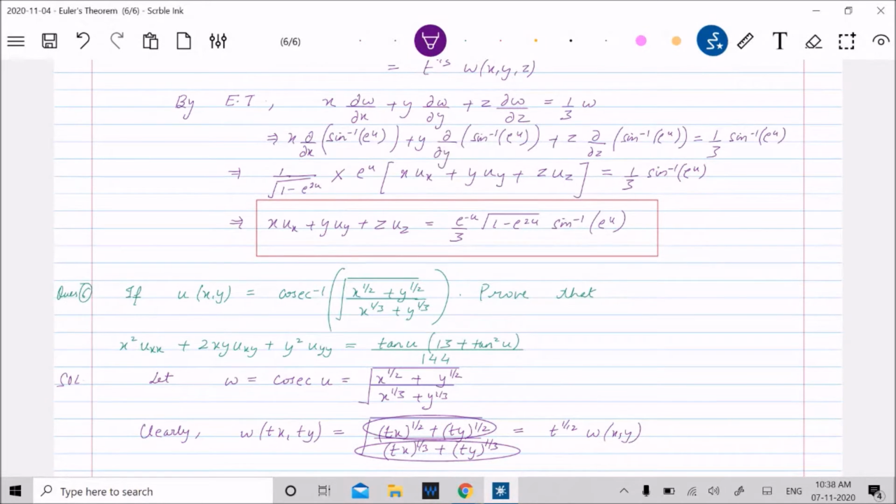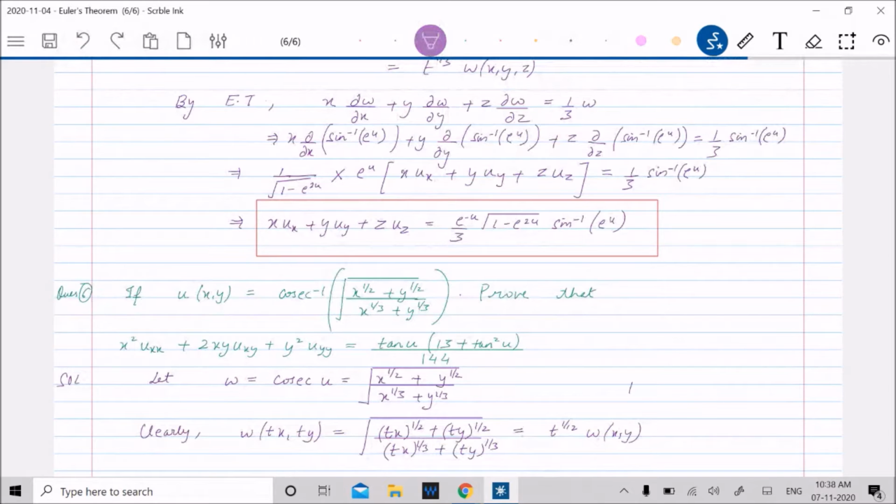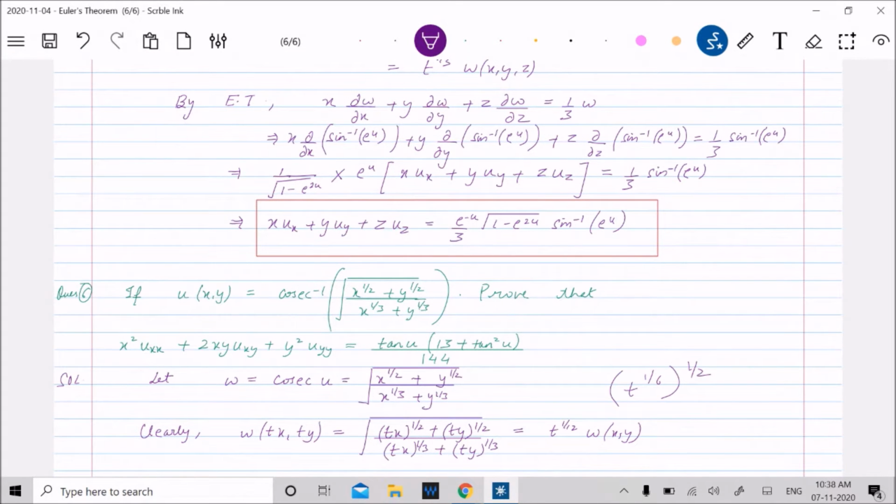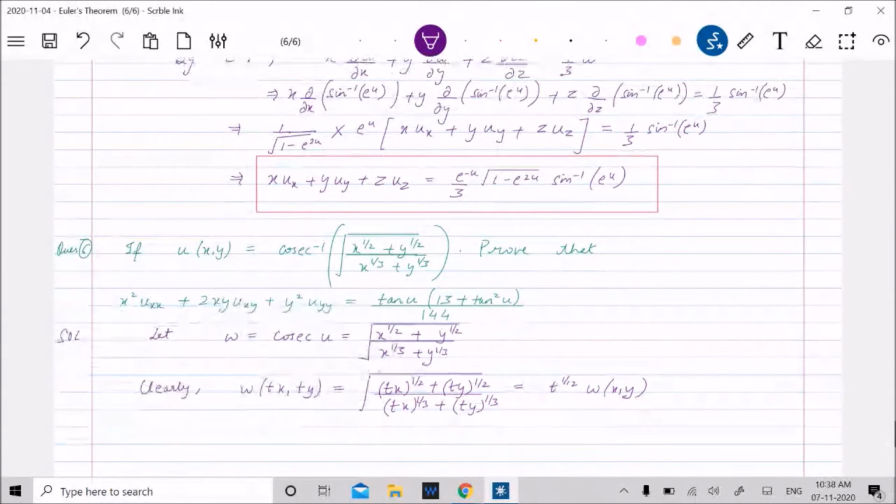This means t to the power 1/6 will be inside this square root. But t to the power 1/6 under the square root means 1/2, so that will give you t to the power 1/12, right? Okay, fine. So the degree is 1/12. That's great.